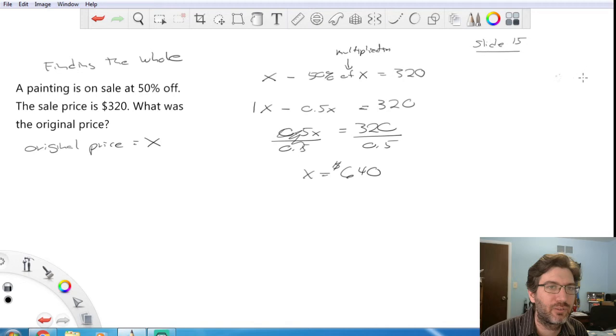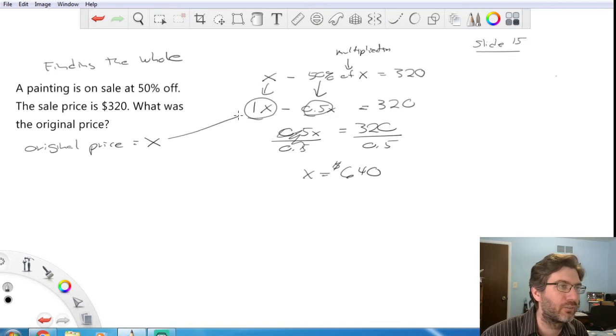Where do the numbers come from? This number is your percentage. This number is your original price, which is your unknown. Again, that 1 is implied to be there. And this number here is your new price.